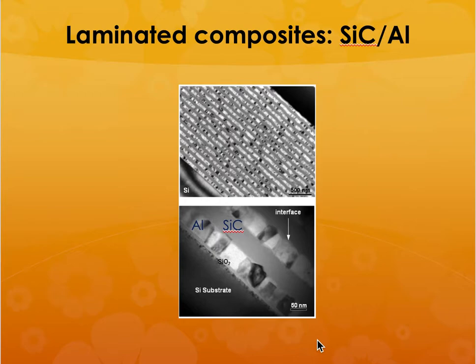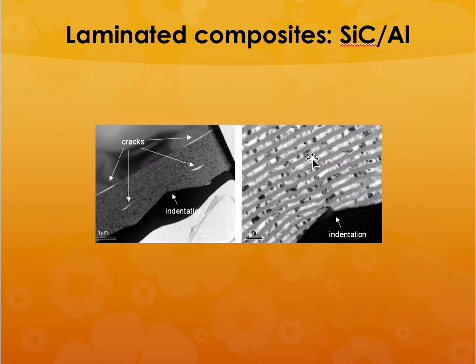So there are many different types of composite materials that have been evaluated. So in this case, these are laminated materials. So you have aluminum and silicon carbide materials. So in this case, the silicon carbide is deposited by an electronic deposition process, and the aluminum is taken as a substrate.